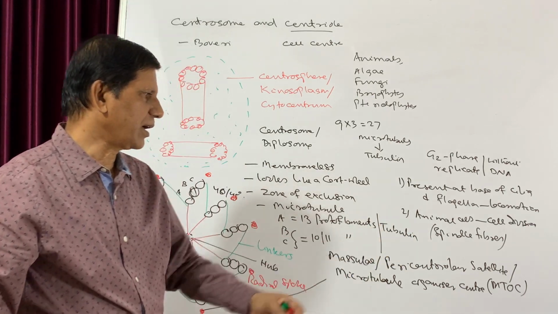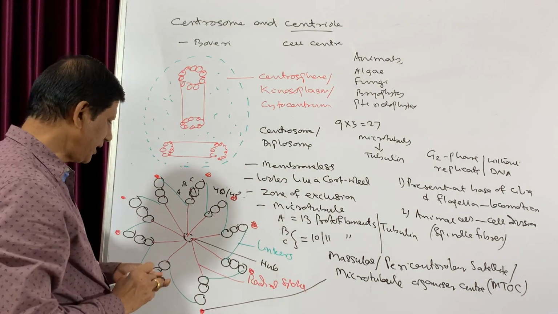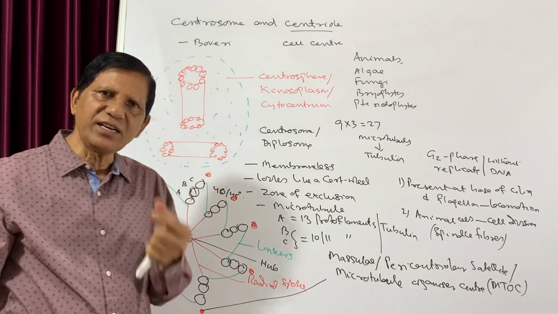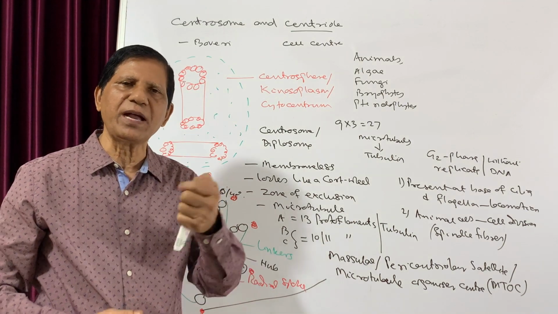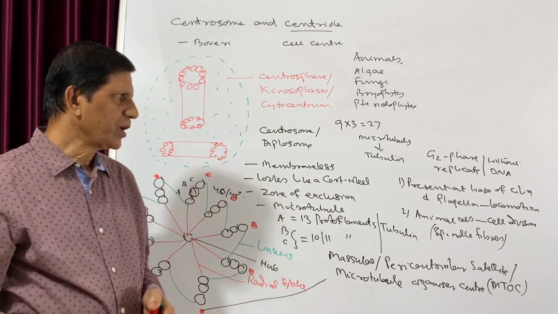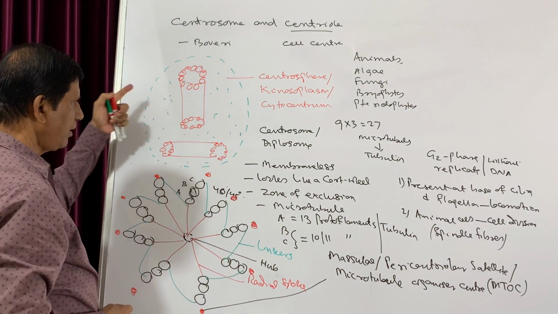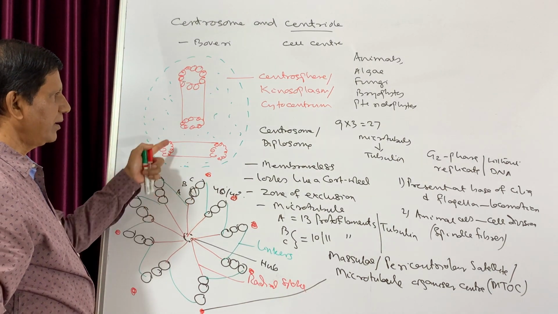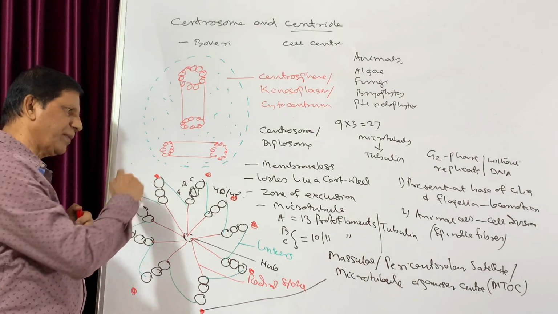That means these maculae or pericentriolar satellites, they are the centers of formation of these microtubules, which are required for formation of spindle fibers.